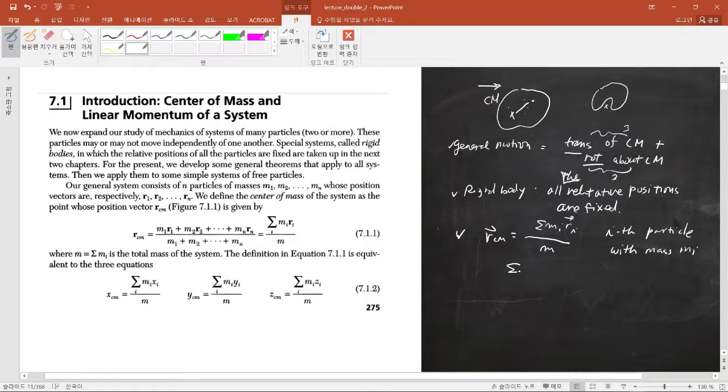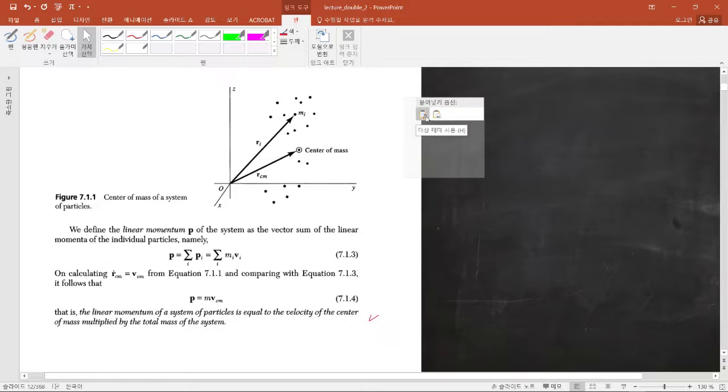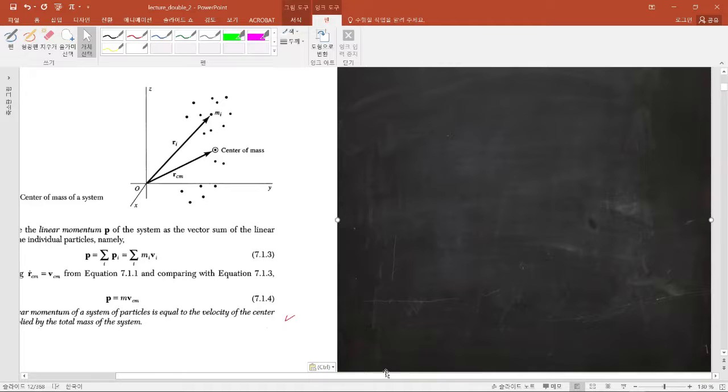And here the sum of m_i is the total mass M. In components, this expression can be decomposed into the x, y and z coordinates.